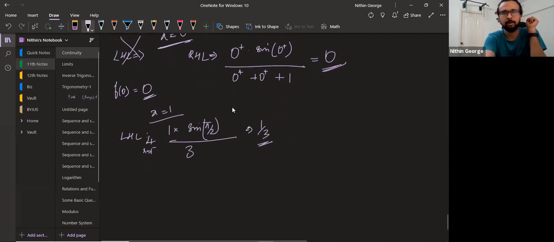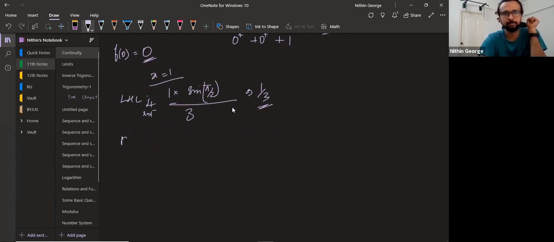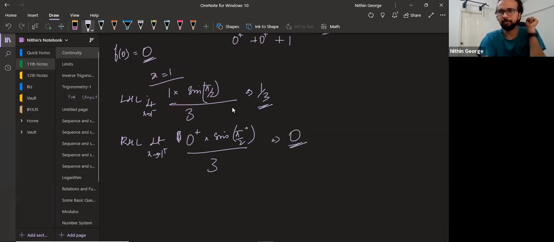Now my right hand limit, x tends to 1 plus. The fractional part of 1 plus becomes something close to 0. Sine is close to pi by 2, divided by 3, again 1 plus 1 plus 1. So this comes out to 0. From here itself, you can say that it is discontinuous at x equal to 1.